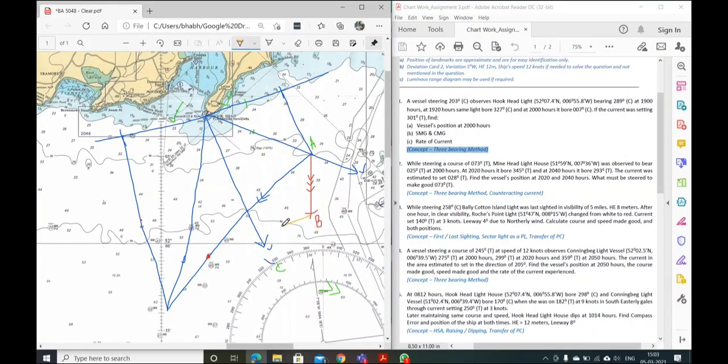Once you apply the course steered, wherever this line goes and cuts the CMG line, that is the position. This is where the triangle gets completed. So now you can transfer your first PL through point C. In this case, engine speed will need to be calculated. They will ask you what is the engine speed.